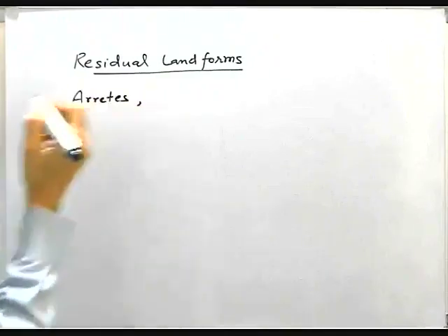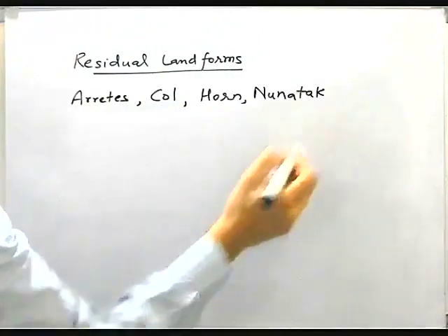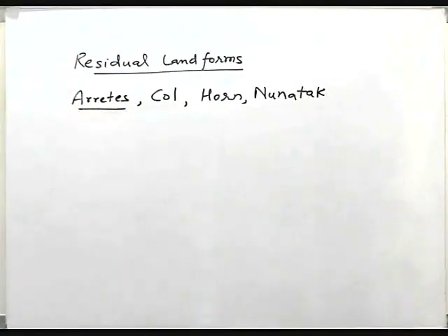Residual landforms: arêtes, pyramidal peaks or horns, and nunataks. An arête is basically a sharp glacial ridge which has cirques on both sides. These cirques have eaten away on both sides, and horns are formed when a mountain peak is eroded by cirques on three or four or more sides.